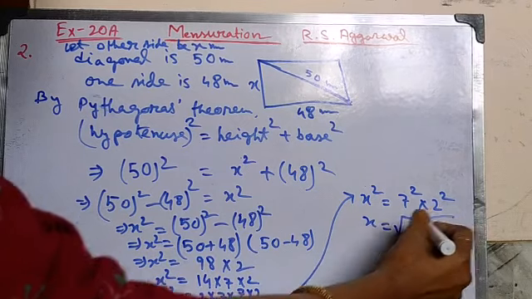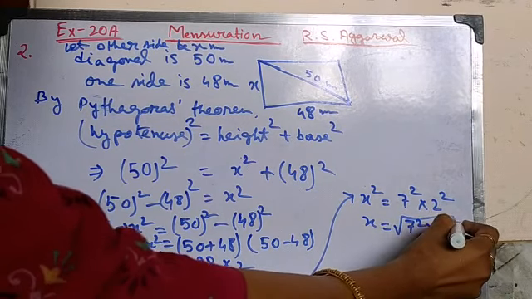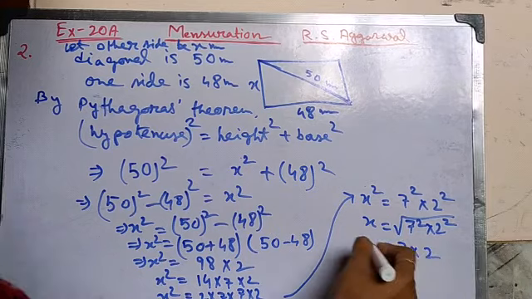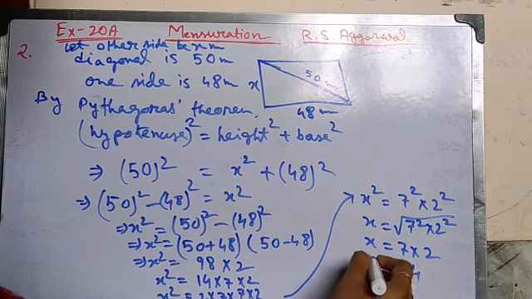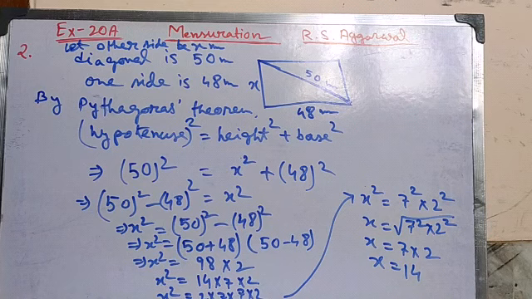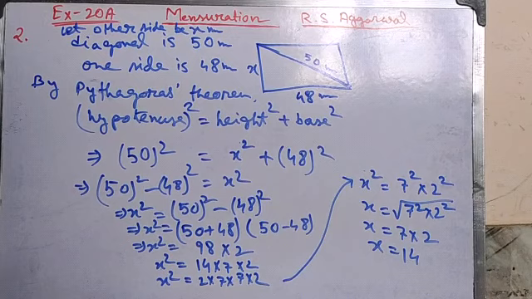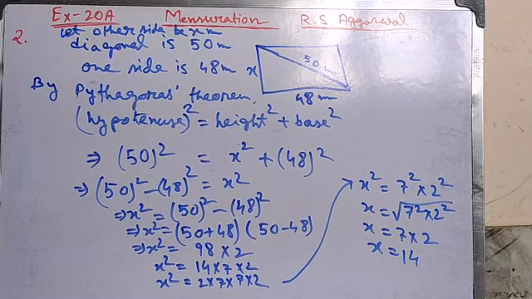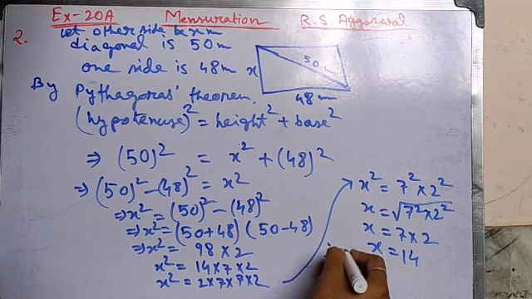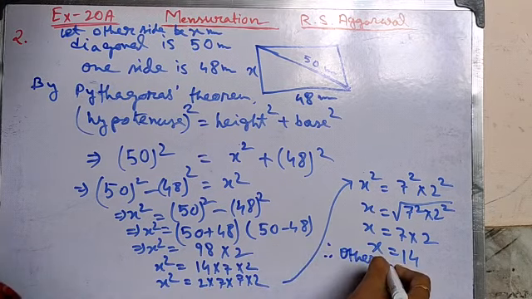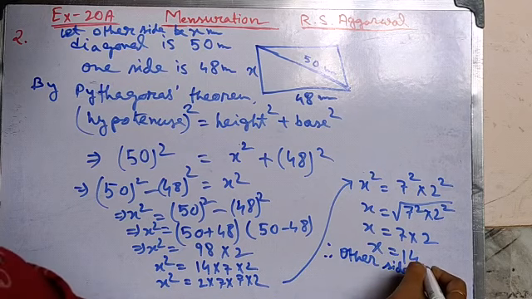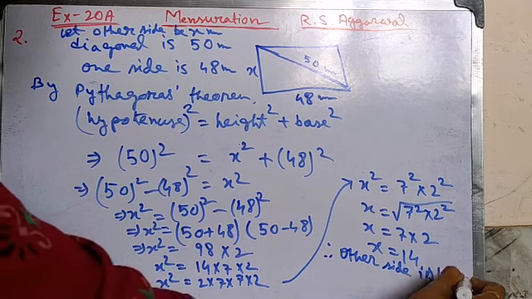X equals root over of 7 square into 2 square, that means 7 into 2, that means 14. So the other side is 14 meter.